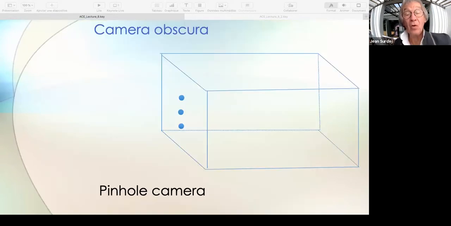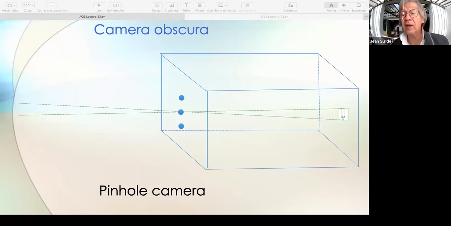Now, again, the pinhole camera. We have seen that if we have one candle on the left, located very far away from the pinhole box, we get an inverted image of the candle.